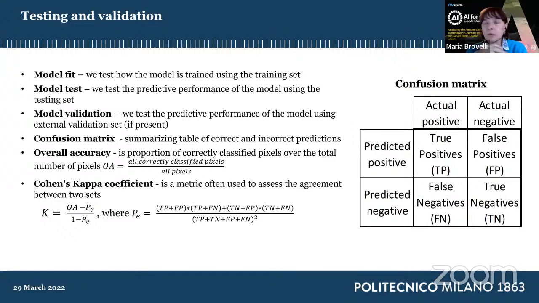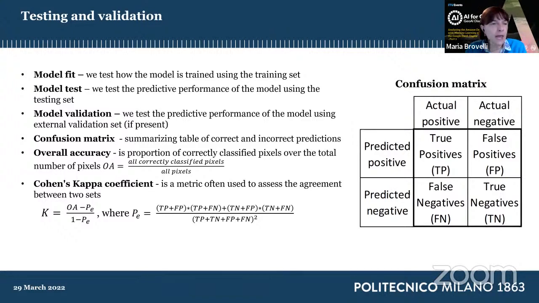At this point, we want to do something more, because besides that, we decided to also use an external data set. So a data set derived in a completely different way, completely independent of the training and testing data set that we used before, and with a better resolution.